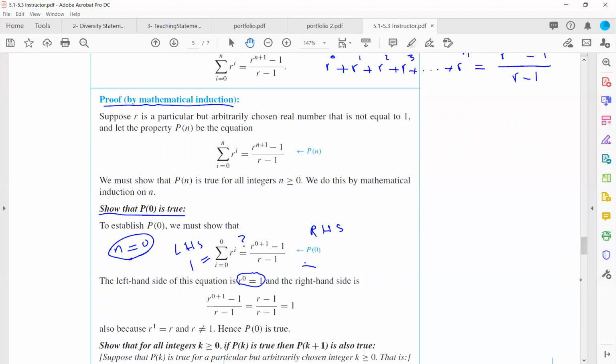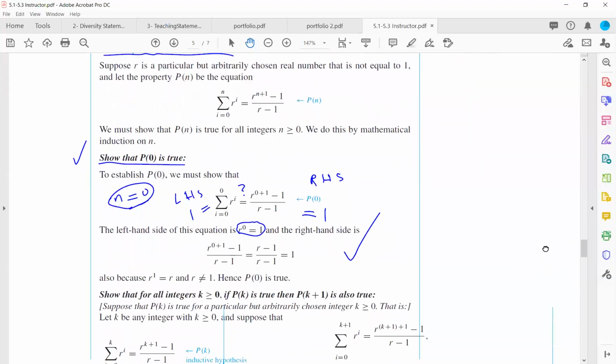On the right-hand side, you have r minus 1 divided by r minus 1, which is equal to 1. Left-hand side is equal to the right-hand side. So we're good with P of 0. Next step is to show that it is true for P of k, then you prove it for P of k plus 1.